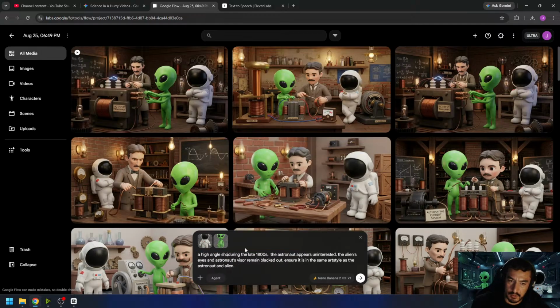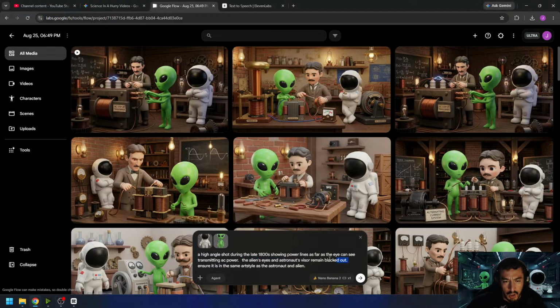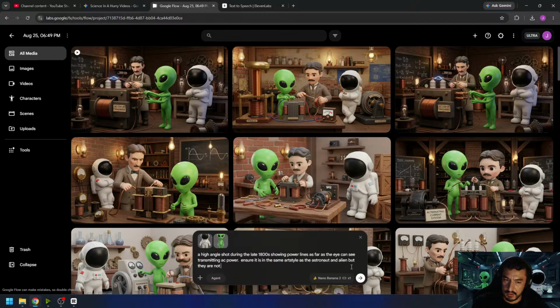A high angle shot during the late 1800s showing power lines as far as the eye can see transmitting AC power. So ensure it is in the same art style as the astronaut and alien, but they are not in it.